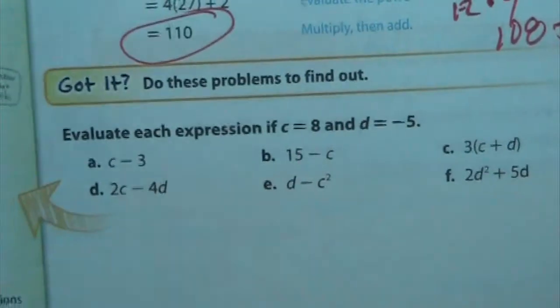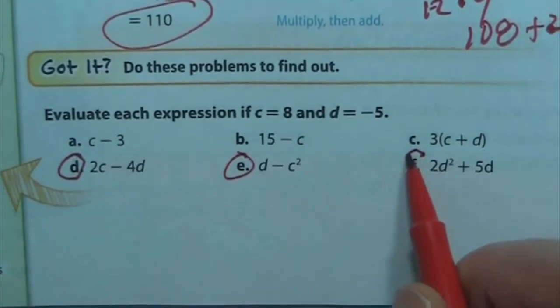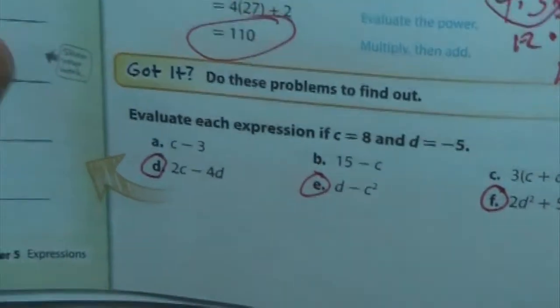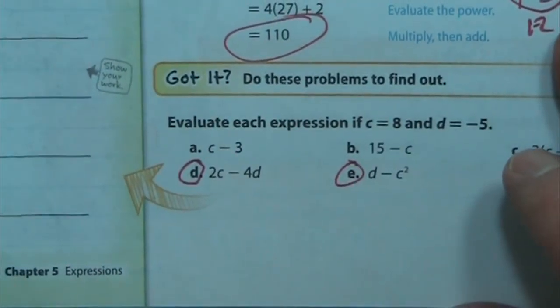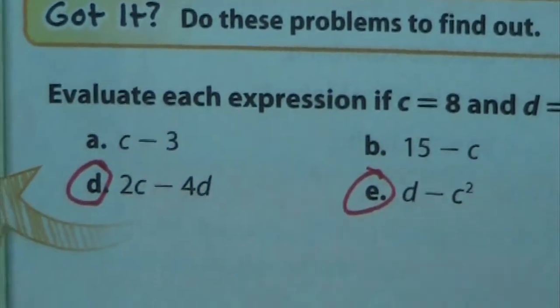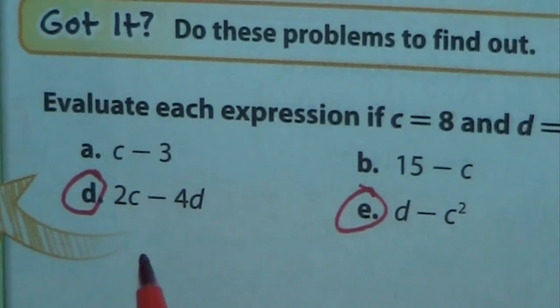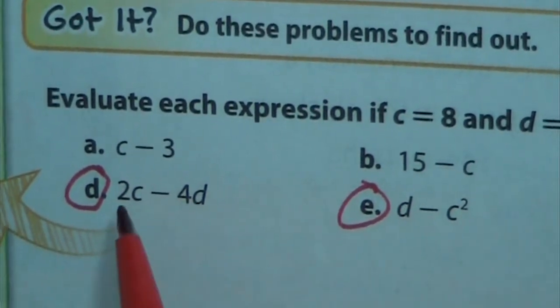All right, what we're going to do is the letters at the bottom here, D, E, and F. And I will work with them with you. Let's see what numbers they have to put in there. Whenever you do these problems, you rewrite them with the number.